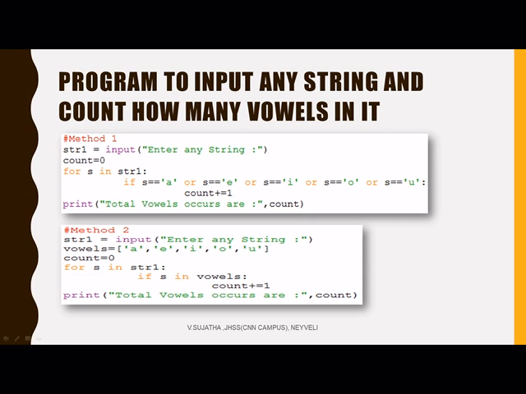So in the list I have assigned the vowels A, E, I, O, U. This list consists of 5 strings: A, E, I, O, U. Within single quotes we have mentioned A, then E, I, O, U. Everything with single quotes means everything is a string.